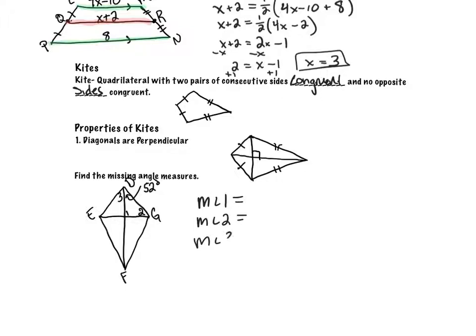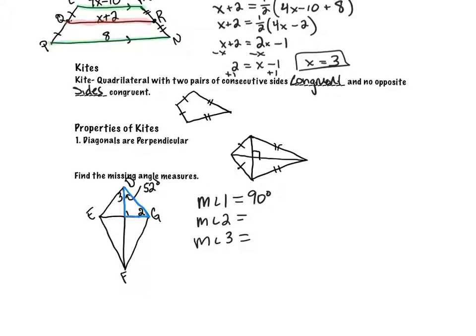If I look, I notice that I have the diagonals. So angle 1 is really easy to find. If I know the diagonals are perpendicular, what is the definition of perpendicular? It means they meet at a 90-degree angle. So I know that 1 is 90 degrees. Now, to find angle 2, if I highlight where those angles happen, I have a triangle.